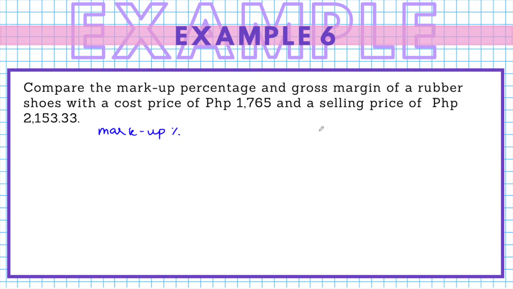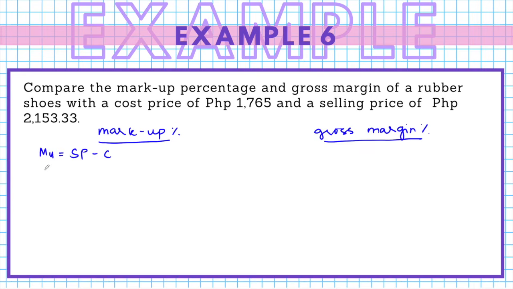And here we have the gross margin percentage. Now, for us to determine the markup percentage, let us first determine what is our markup. Our markup would be equal to the selling price minus the cost.